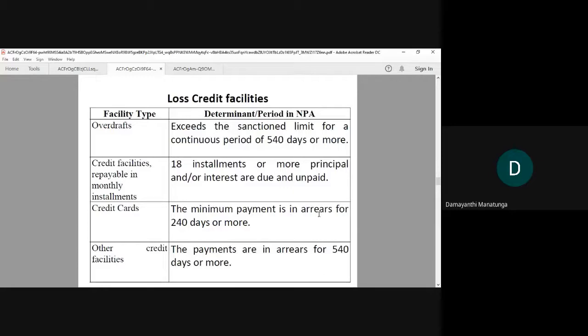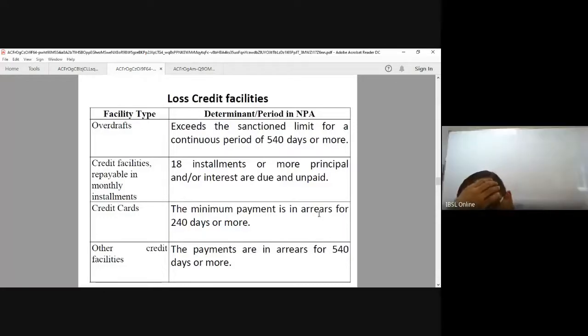So it will be 30 days we'll classify as NPL, whereas some banks are waiting till 60 days to classify as NPL? Yeah, you see, if you are rescheduling a facility which is already into NPA, you will have to wait for 90 days.